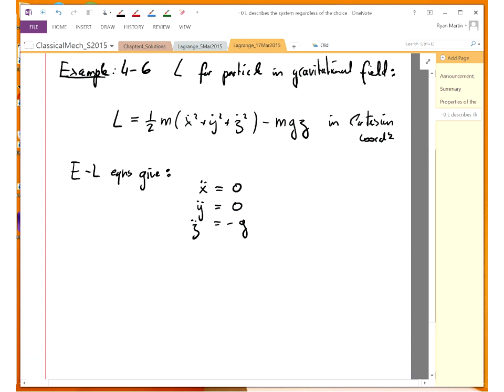So simply by transforming the coordinates, remember T in polar coordinates, the kinetic energy in polar coordinates, if you did all the transformations, and I think you've done that in the assignment, and we've also done it in class, the kinetic energy in polar coordinates is a half m times r dot squared plus r squared theta dot squared plus z dot squared.